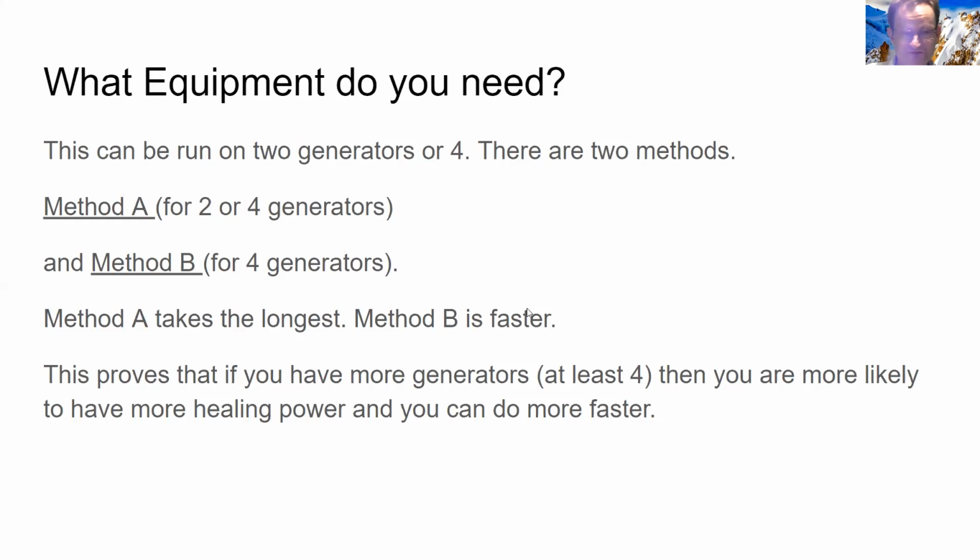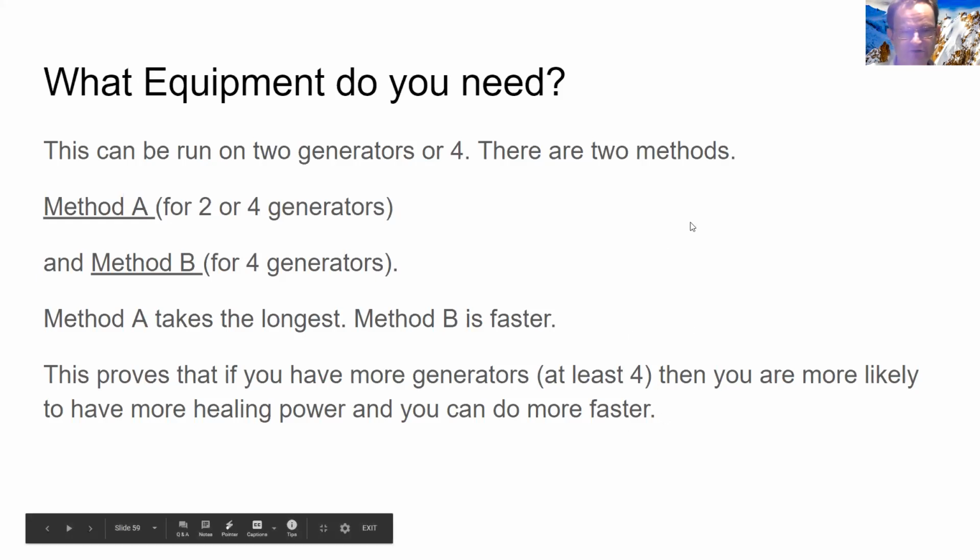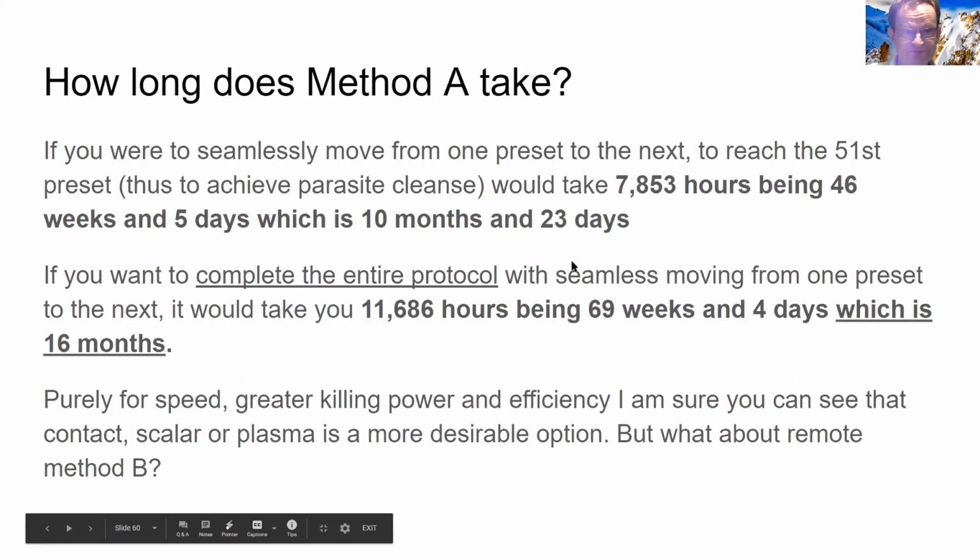This proves, unfortunately, that if you have at least 4 generators, which could be 2 generator X, because each generator X contains 2 generators, or 1 generator X and 2 XM generators, or 4 XM generators, then you're more likely to have more healing power and you can do more faster. So get generators. It's going to be important.